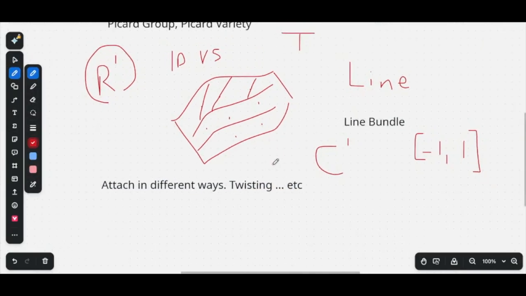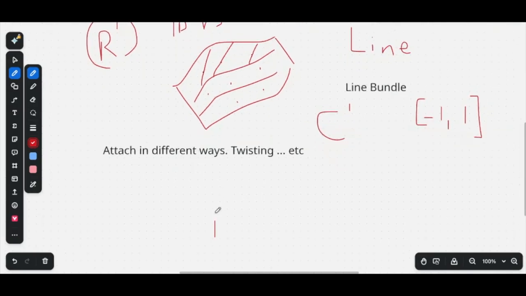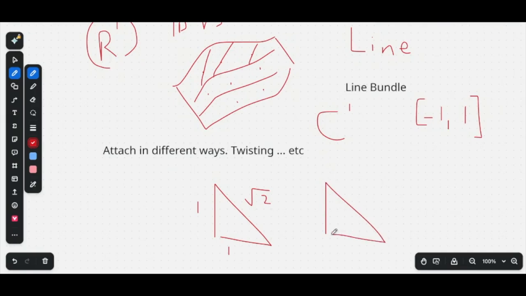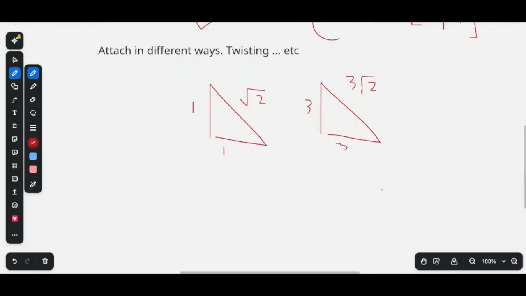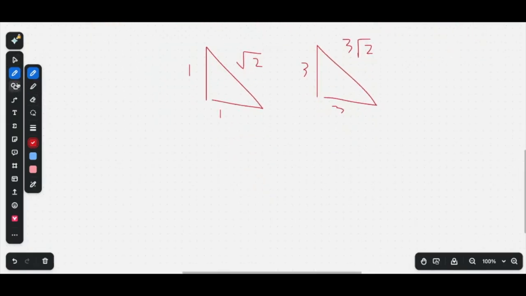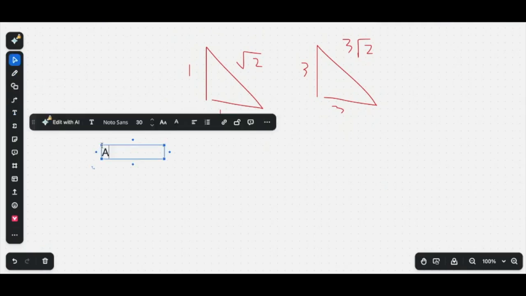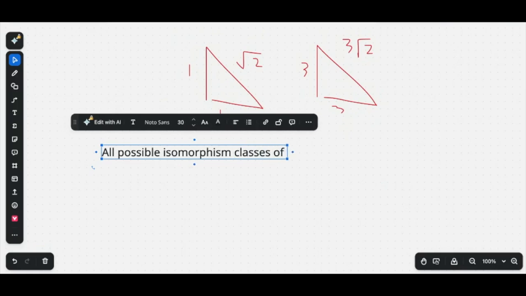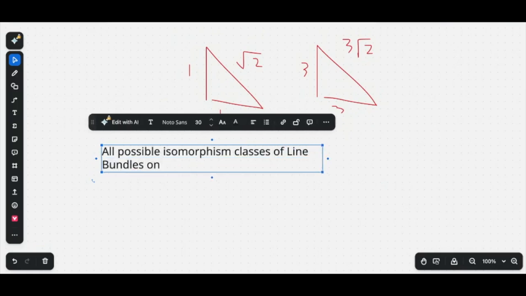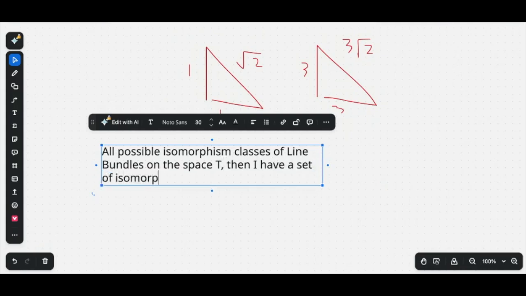Okay, now we talked about moduli spaces before, like the triangle 1, 1, square root of 2, and the triangle like 3, 3, 3 square root of 2. They're actually just the same triangles up to isomorphism. Okay, so if I look at all possible isomorphism classes of line bundles on the space T, then I have a set of isomorphism classes.